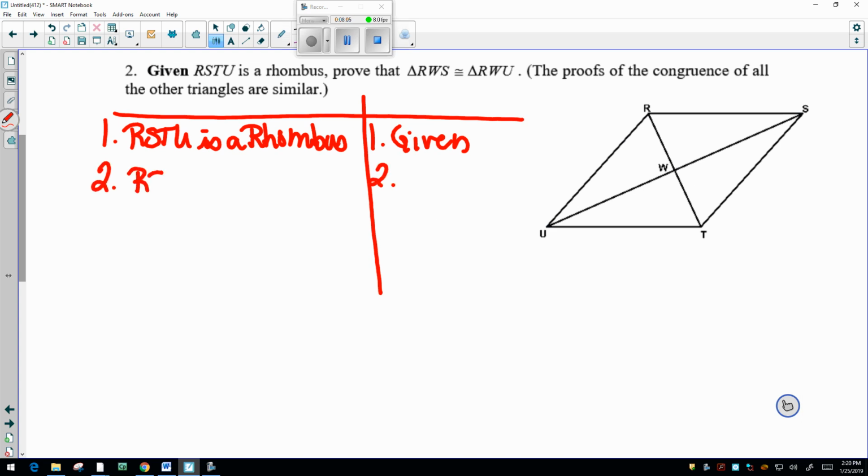So for instance, the ones that would help us here would be side RS and side TU. So if I mark those, we have those, and we can say, because we know that opposite sides, you could even say all sides of a rhombus are congruent.